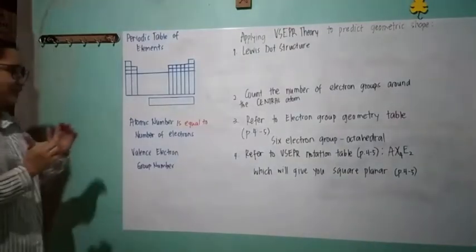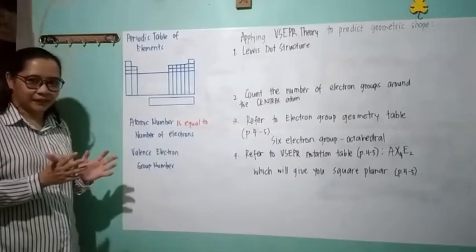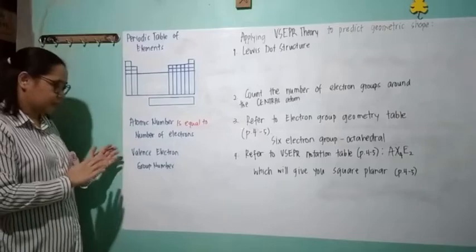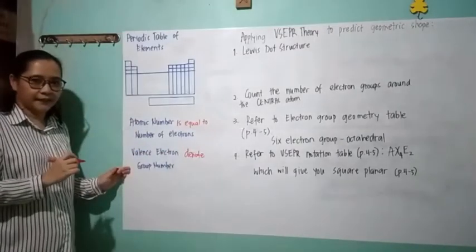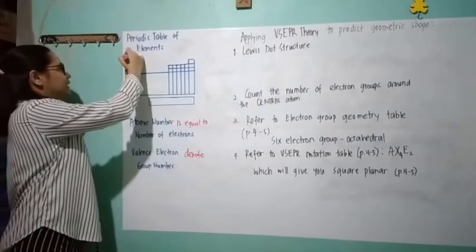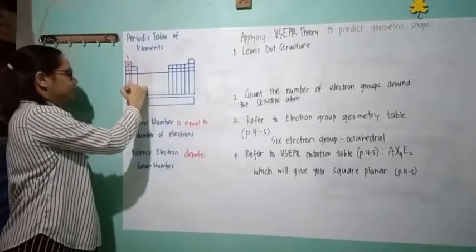And valence electrons can be seen in the last orbital of the electron configuration, which also denotes the group number of an element.